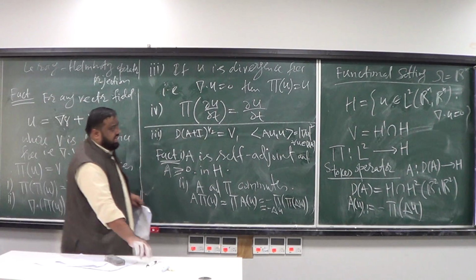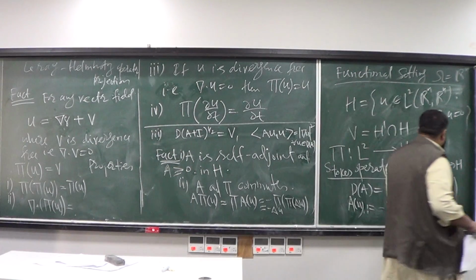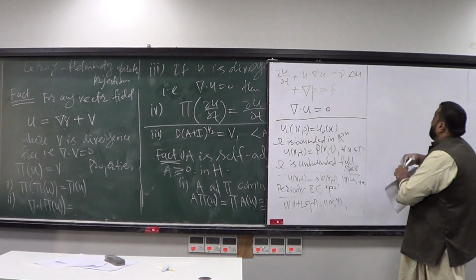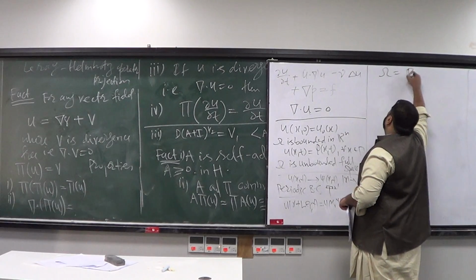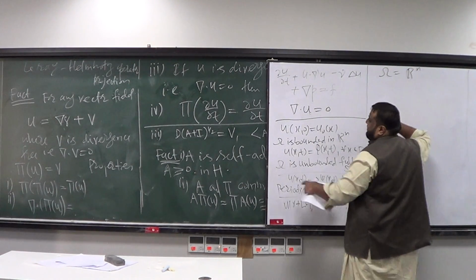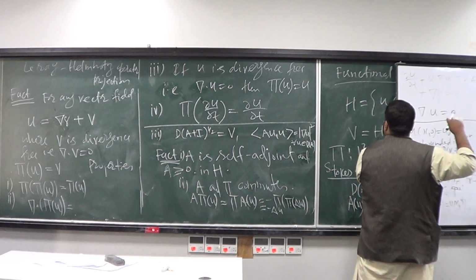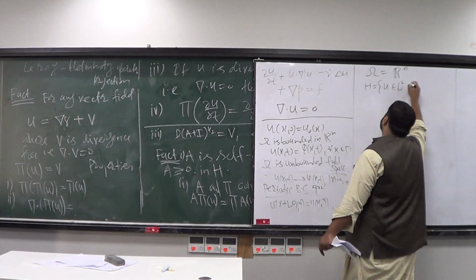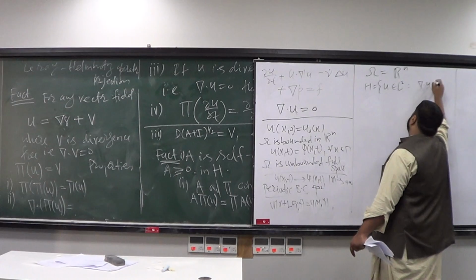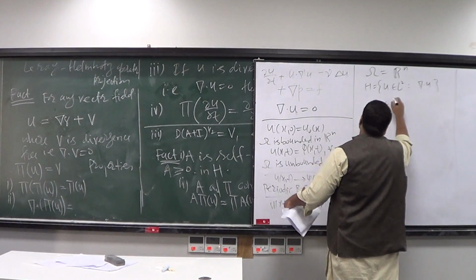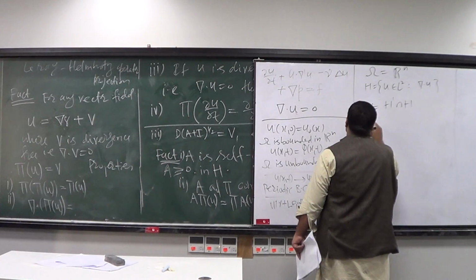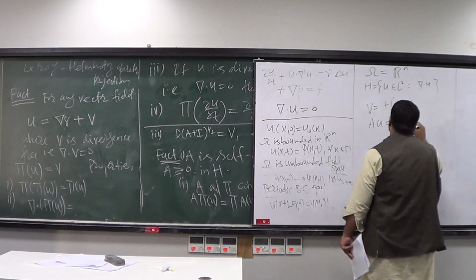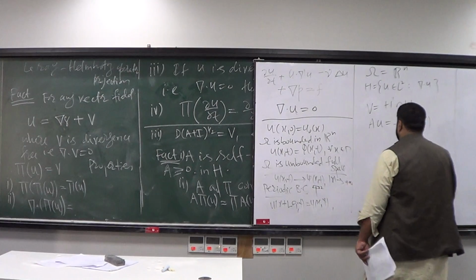Let me rewrite this quickly here. If omega is the full space Rn, then my H is the space of L2 functions that are divergence free, and my V is H1 intersection H, and the Stokes operator is Au equal to negative pi of Laplace u.